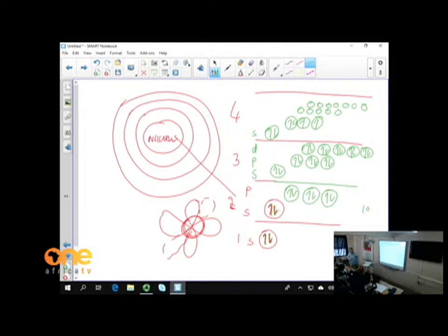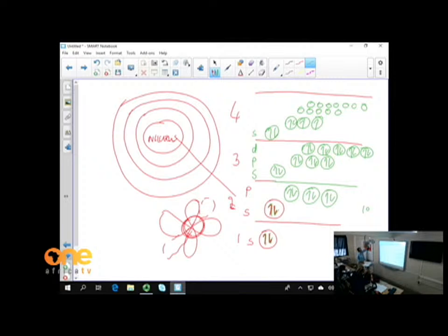It means the S block elements have their outer shell electrons in an S sublevel. This one will have 2 electrons in the 5th shell, the S sublevel. These are S block elements.